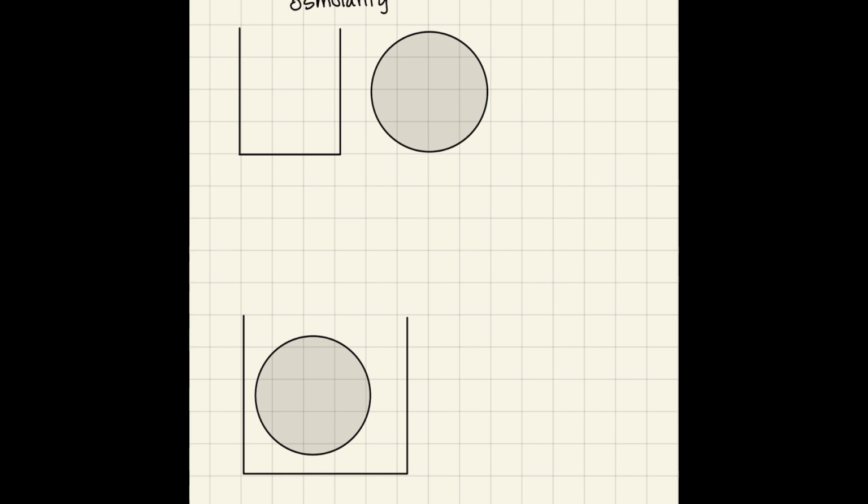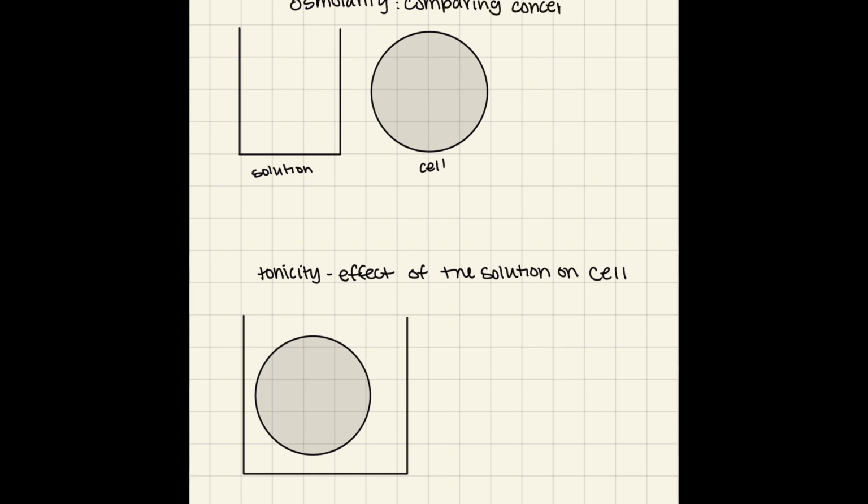For example, this could be the solution, and then a cell. With tonicity, we are going to measure the effect of the solution on the cell. What happens when we put the cell in the solution? Tonicity is the effect of the solution on the cell. Osmolarity is just comparing concentrations, basically.